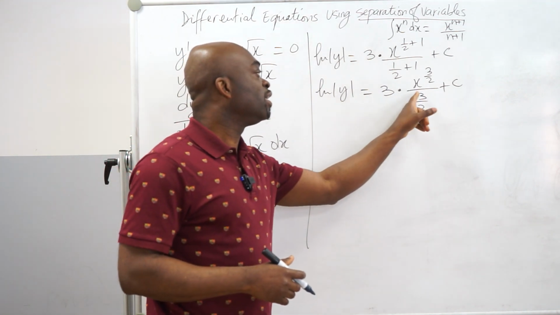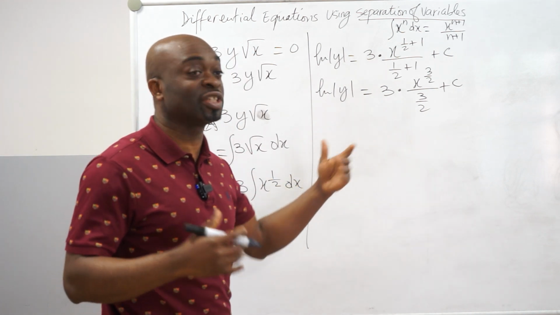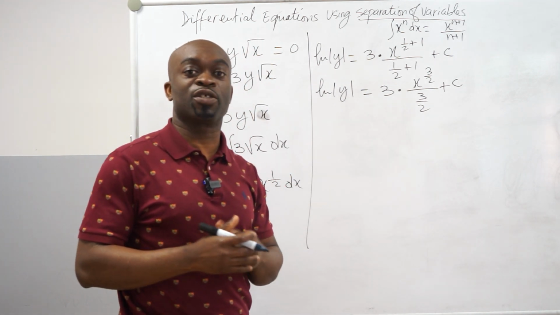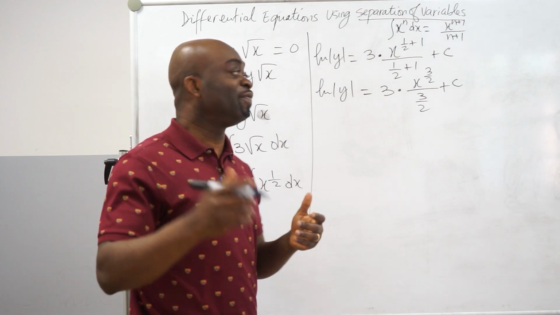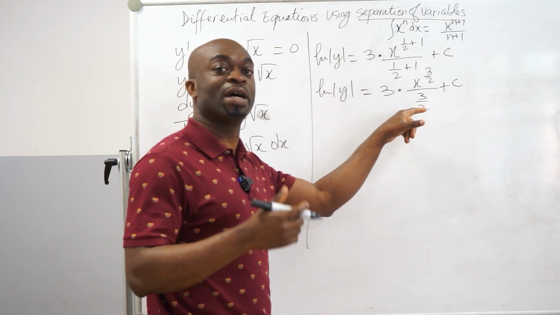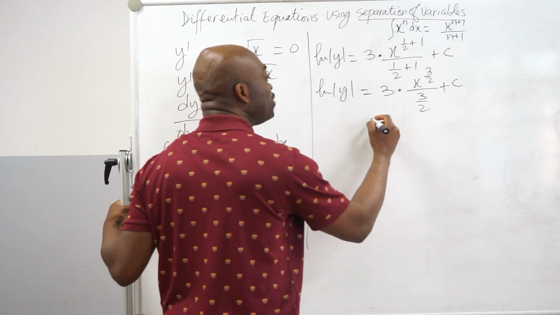So what is x^(3/2) divided by 3/2? So we have a fraction at the bottom of the function there. So what's going to happen to it? You can flip it over, it becomes 2/3, then you multiply by the top expression. So that's how you get rid of it.